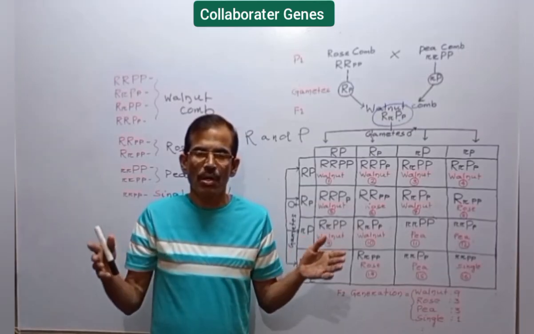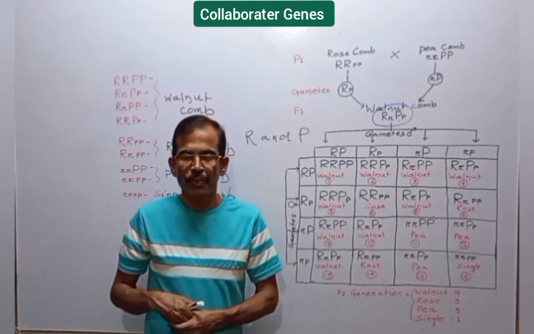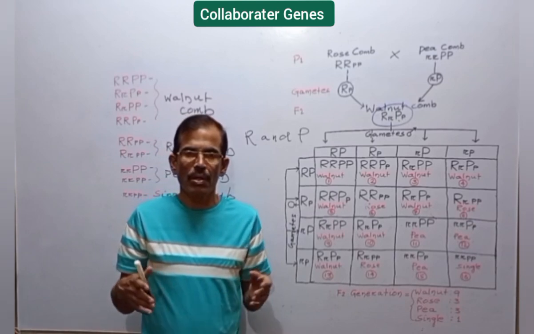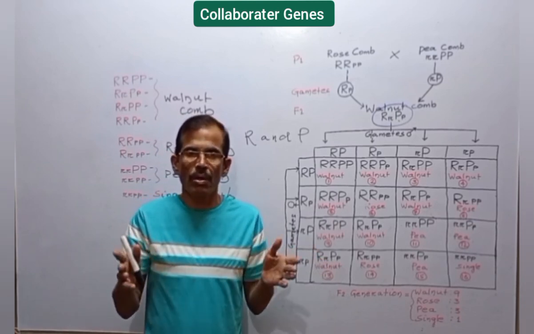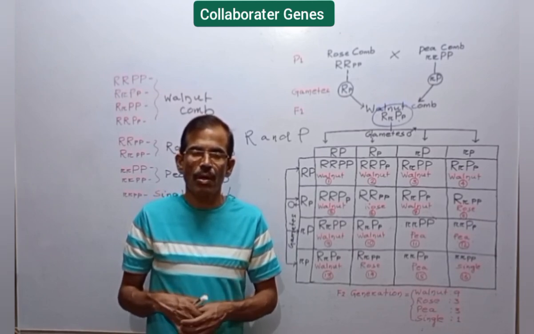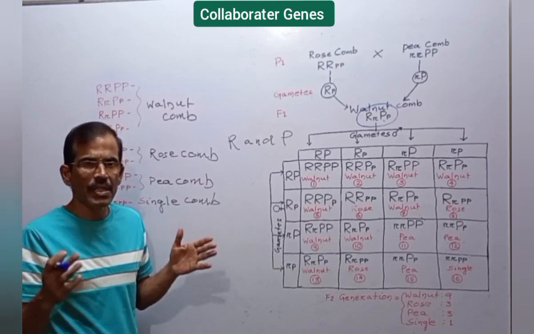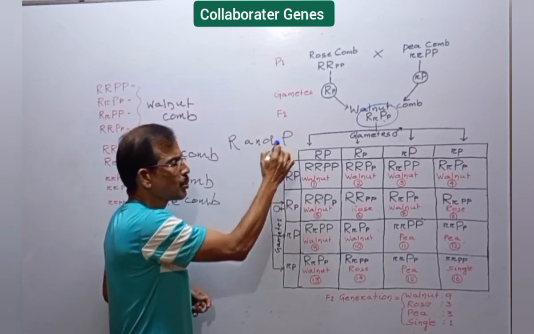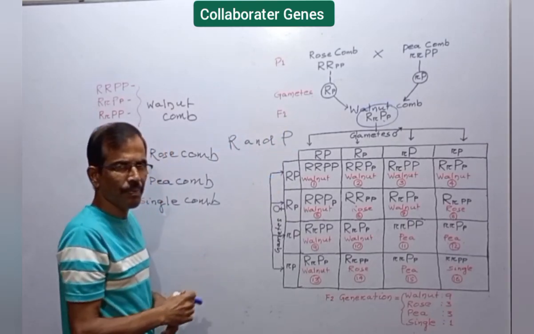Chickens with walnut combs do not breed true for walnut combs. Instead, when a bird with walnut comb is crossed with another bird also with walnut comb, offspring with other comb types are also produced. In this example, interaction takes place between the rose comb gene and the pea comb gene. Each gene has its own effect.